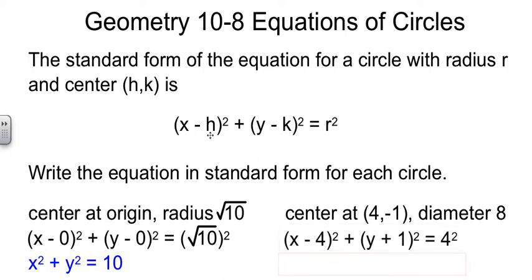So (x minus 4) squared, because h is 4. (y minus negative 1), so (y plus 1) squared, equals, and the radius here is 4, squared. We'll clean up as much as we can without getting carried away. We don't need to distribute these things out, but we do need to clean up: 4 squared is 16.